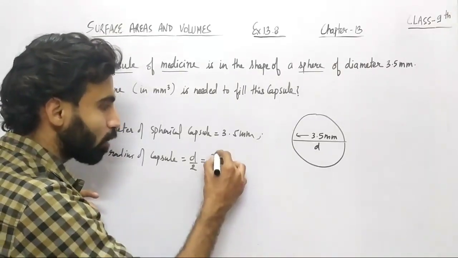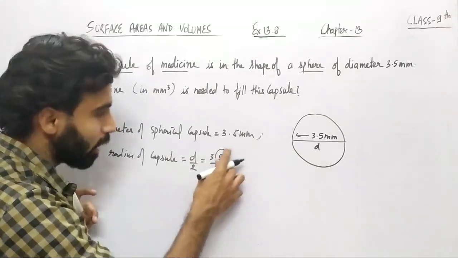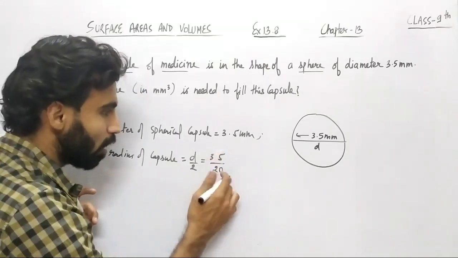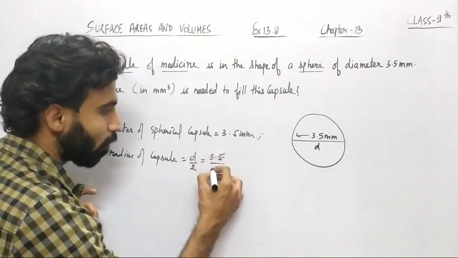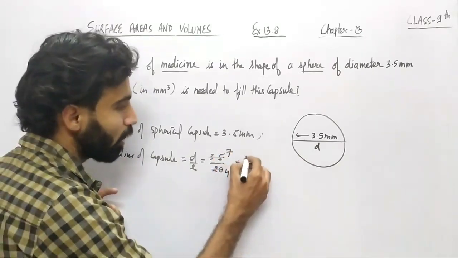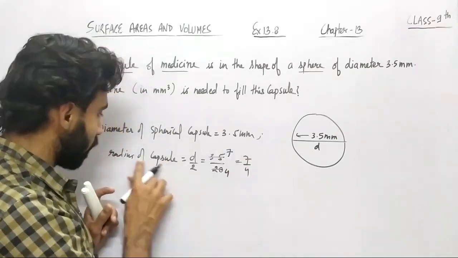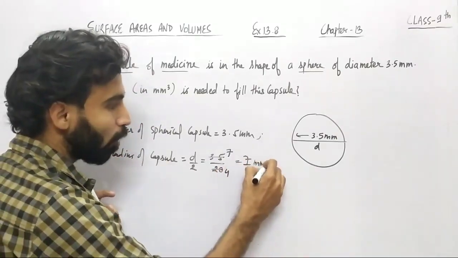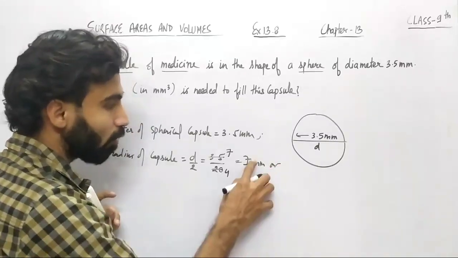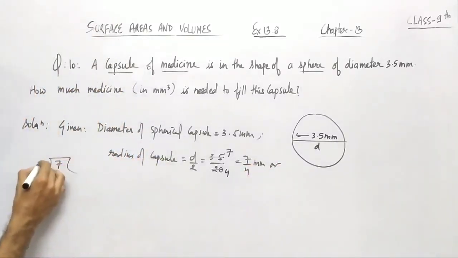अब यहाँ पे आप देखिए, इसको decimal remove करेंगे तो क्या आएगा, 0, because decimal के बाद एक digit थी, right? So if I just remove this decimal, so now आप reduce कर सकते हैं इसको 5 के table पे, 5 7 जा 35, 5 4 जा 20. So what it will be is 7 upon 4. Now you can also write the radius as 7 upon 4 mm, or you can also convert this in decimal, right? So what it will be is dividing 7 by 4.